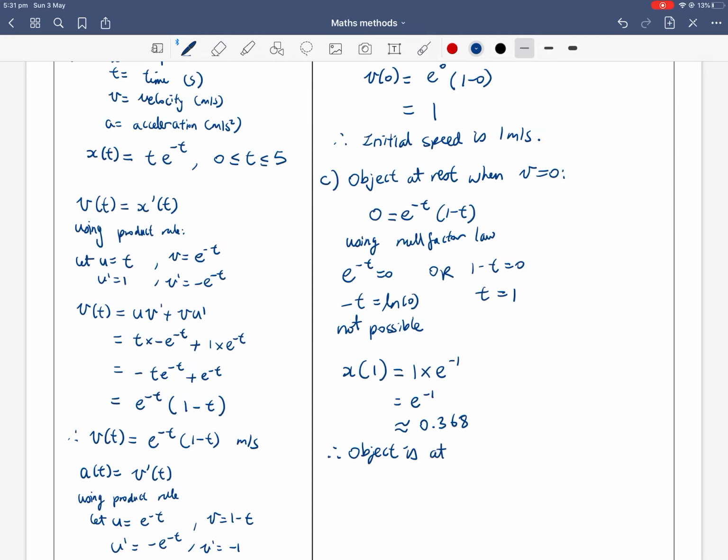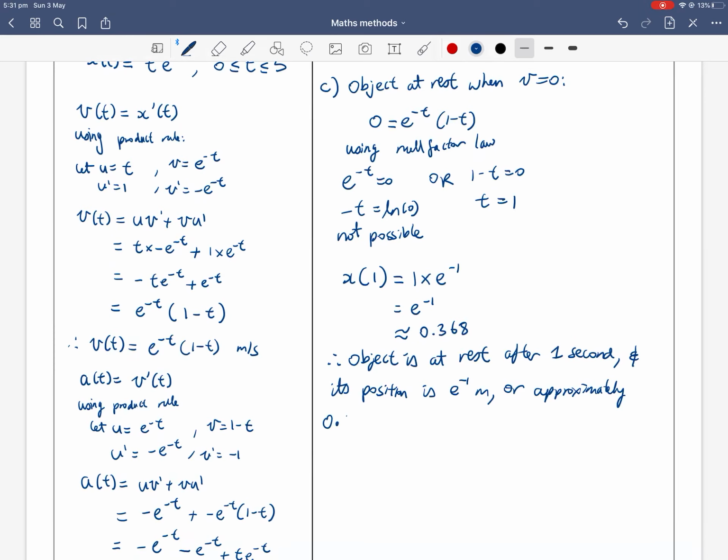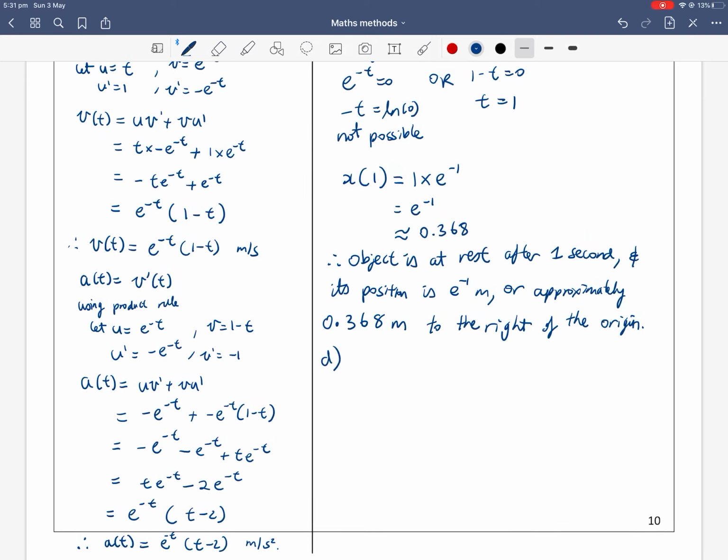So in conclusion, the object is at rest after 1 second, and its position is e to the negative 1 meters, or approximately 0.368 meters to the right of the origin, because we said that right is positive and left is negative. Right of the origin.